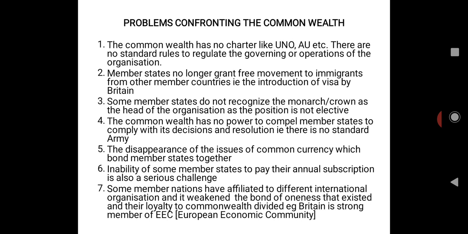Since their loyalty is divided, it is a big challenge to the Commonwealth of Nations. For example, Britain, who is a strong member of the Commonwealth of Nations, is also a strong member of the EEC, meaning European Economic Community.